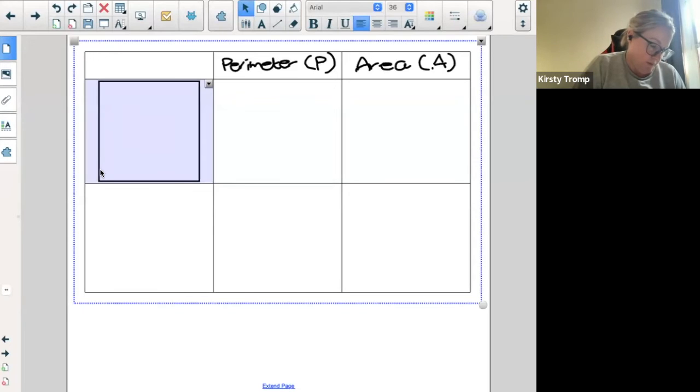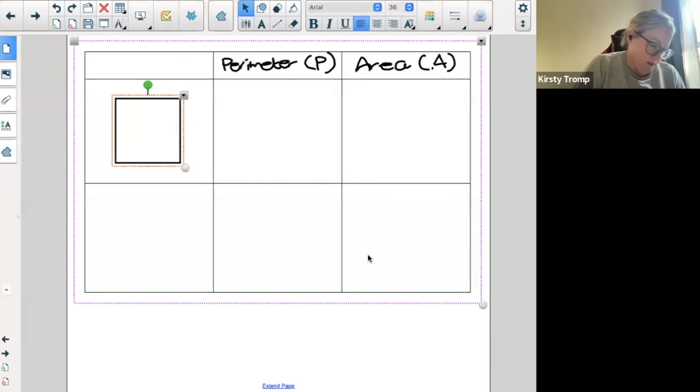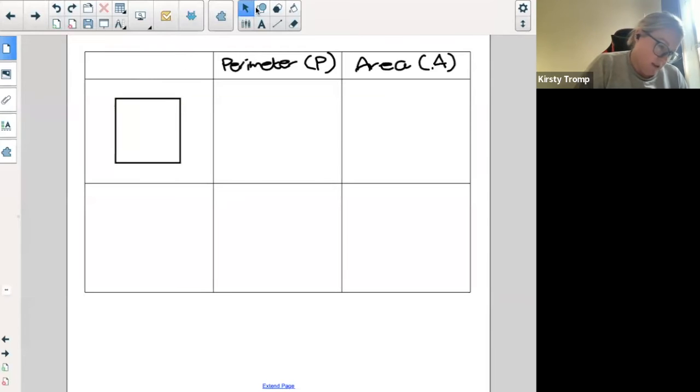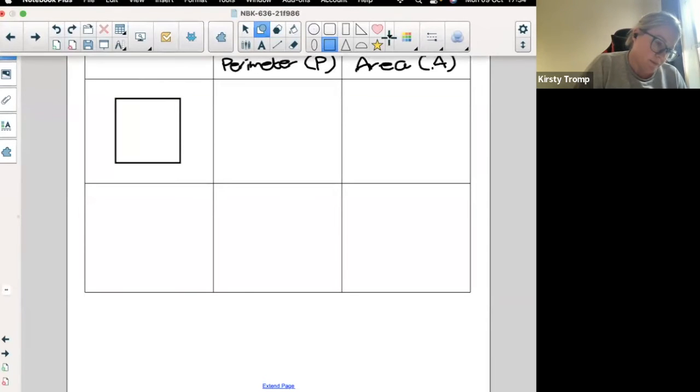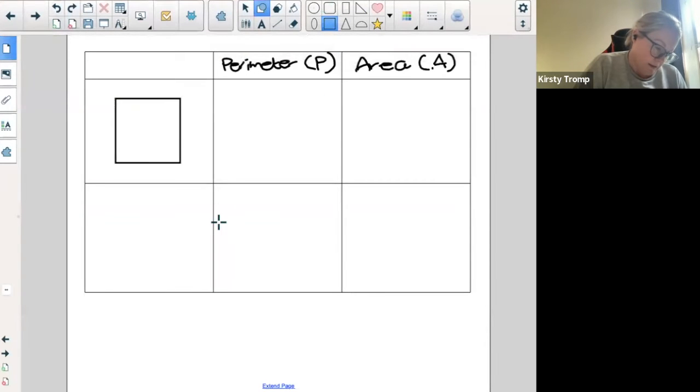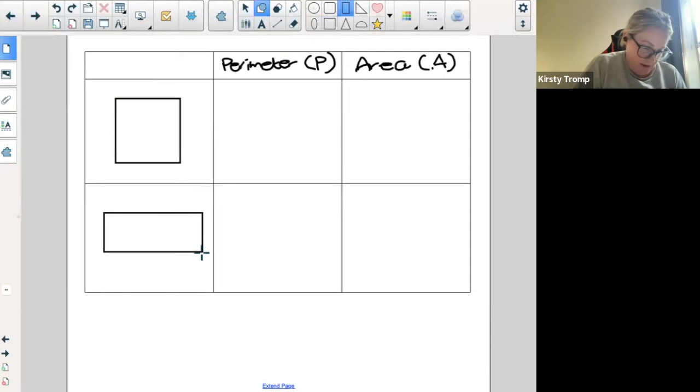Oh no. What happened to our shape? A little weird. Okay, we'll just do that. And let's draw another one. Okay, and draw a rectangle. There we go.